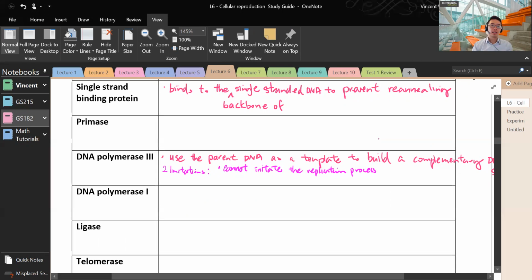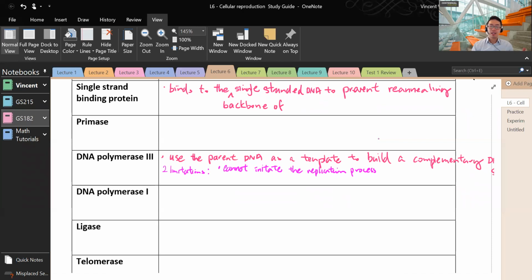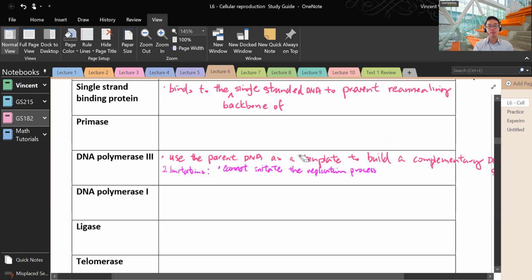It's like a child coming back from school who doesn't know where to start in the homework. You open the book for them, tell them, okay, start here, question number 1, and then hopefully they will automatically start from there. So something has to initiate the process for DNA polymerase 3. And the second limitation is that it can only build new strands in the 5 prime to 3 prime direction. Those are the 2 limitations we have for DNA polymerase 3.